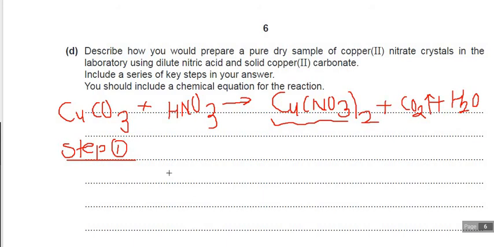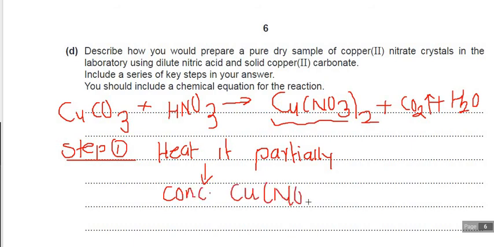Now you can heat it partially, or we can say evaporate it, so that a lot of the water will evaporate and you will get a concentrated copper nitrate solution.